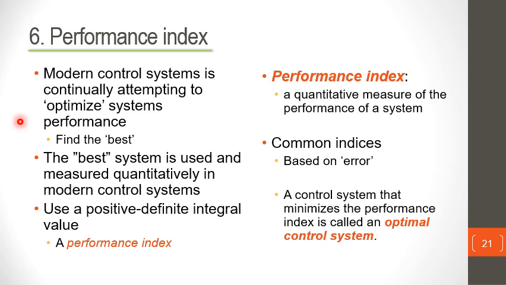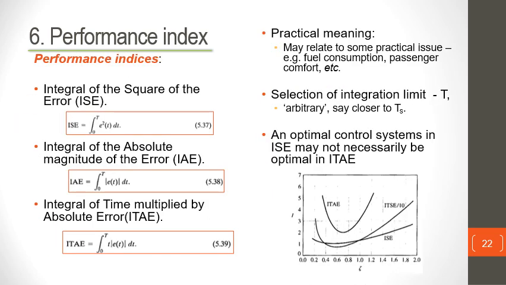A control system that minimizes the performance index is called optimal. There is a variety of these performance indices, and we shall discuss only 3. Your literature text will give you 4 of them.